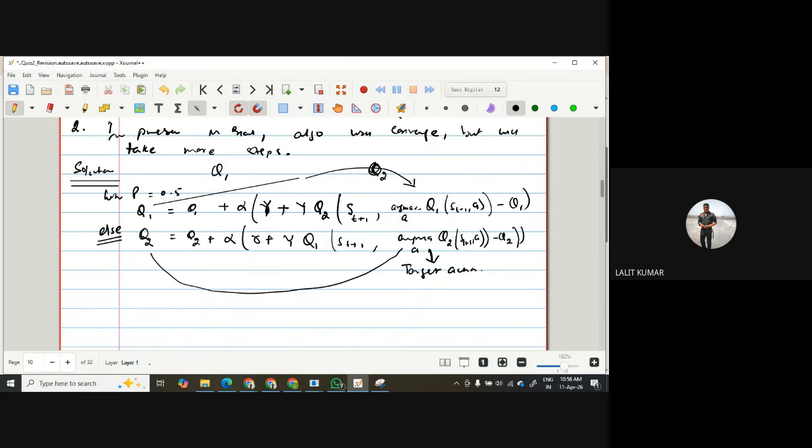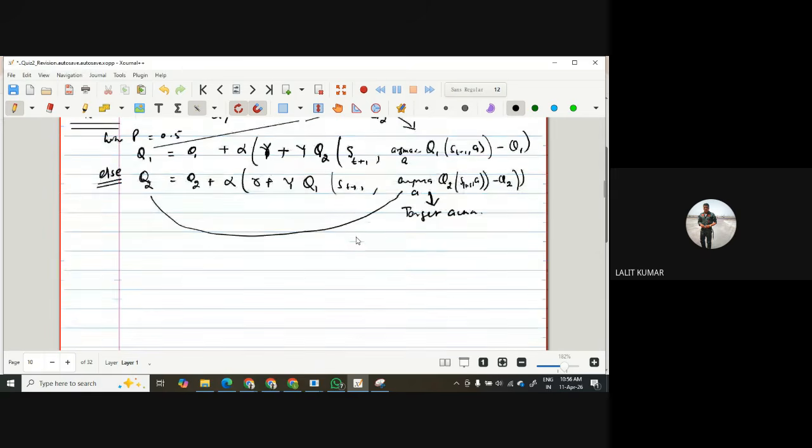If you see my notes, I have given an example of how it works. The professor had given one example: if you go to the right, you get a reward of 0. If you go to the left, you get a reward which is normally distributed with mean minus 0.1 and variance 1.